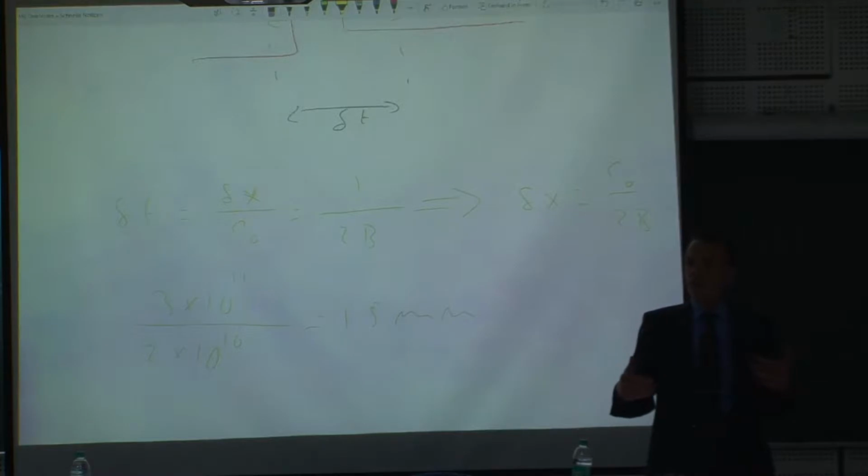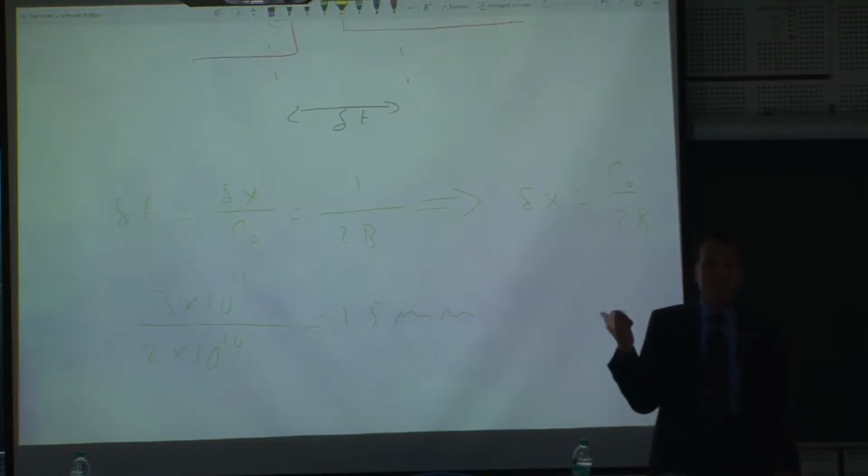Usually the fractional bandwidth plays the role, not the bandwidth itself. You can have a system with, say, 10% fractional bandwidth, which means if your central frequency is 100 giga, you may have 10 giga. But if your central frequency is 10, you may only have 1 giga.